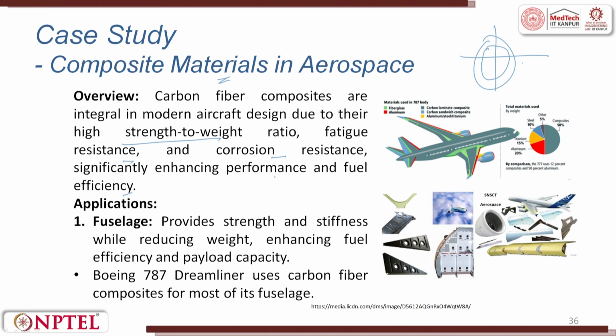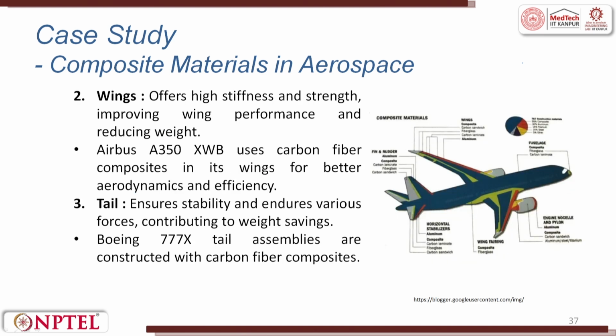Boeing 787 Dreamliner uses carbon fiber composite for most of its fuselage. So, it is as lightweight as possible. Then wings offer high stiffness because there is always a wind load which also makes them deflect up and down, offering high stiffness and strength, improving wing performance and reducing weight.